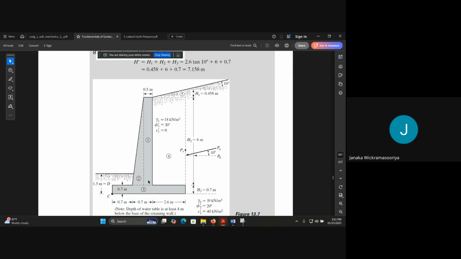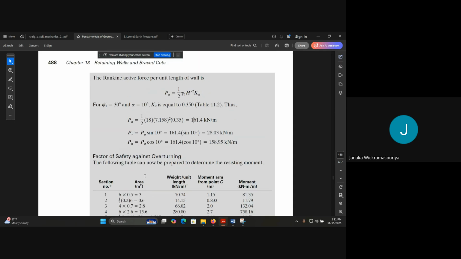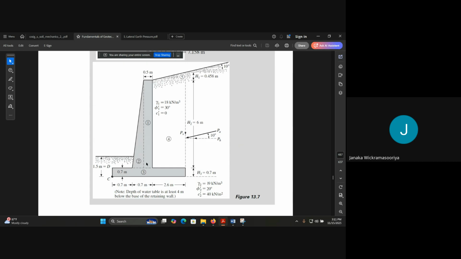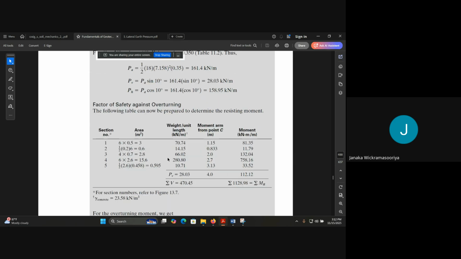If this is just a rectangle, then there will be only one. Section 1 will be a rectangle, section 2 will be a triangle, and section 3 will be a rectangle, triangle. By looking at this, you can put the areas.